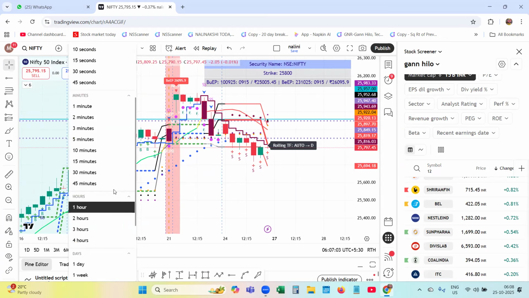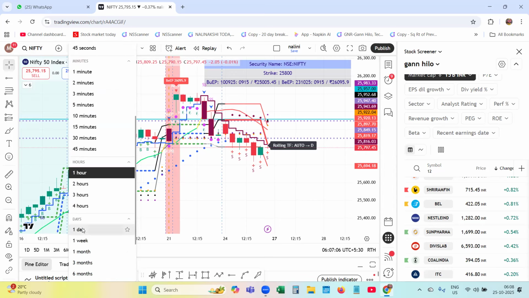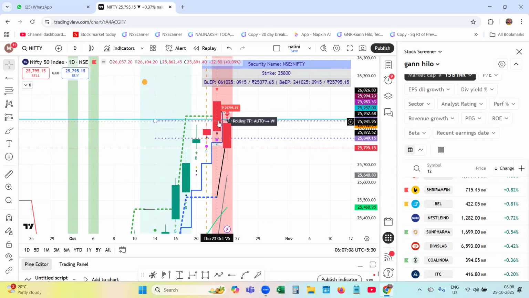Let me go to the daily. Daily, it is showing this. Can you see over here? I'm placing 23rd. This is 23rd October. And here, bearish EP has been generated over here.